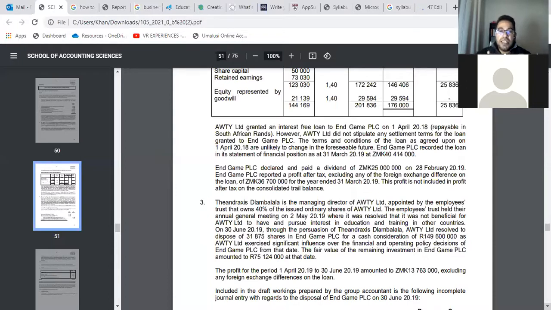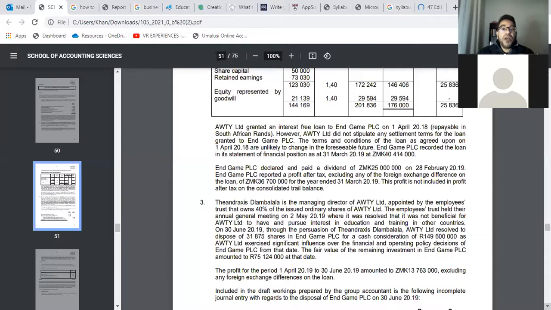So just take note. Endgame has a profit after tax of 36.7 million, but that does not include any foreign exchange difference or foreign translation relating to the loan. So remember, when you have a normal transaction that is denominated in a foreign currency, any forex gain or loss goes through profit or loss. So they did not account for forex adjustments relating to the loan.